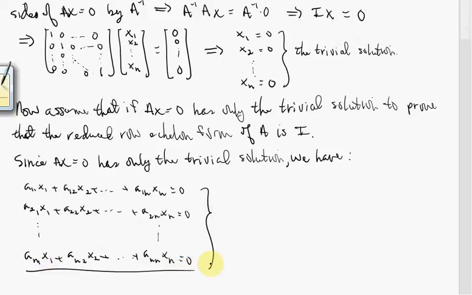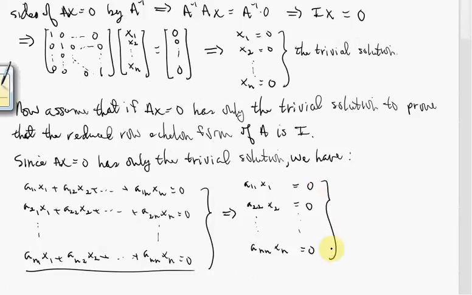Now this is the system here, AX equal to 0. Since we know that it has only the trivial solution, then what that gives us is that a11 times x sub 1 is equal to 0, a22 times x sub 2 is equal to 0, and write down the diagonal, and so on to ann times x sub n is equal to 0.